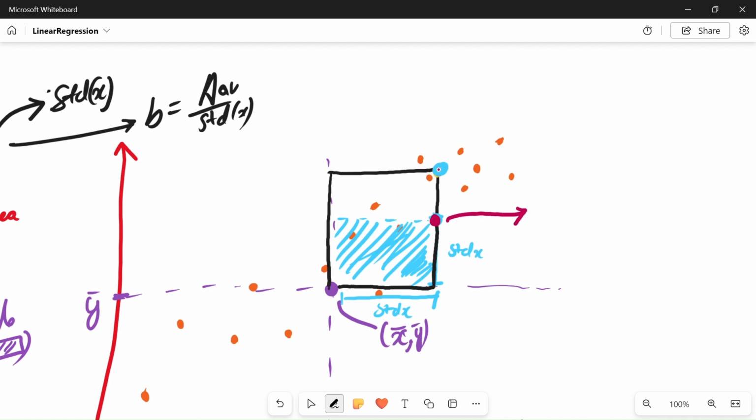And this point is where your model needs to be.